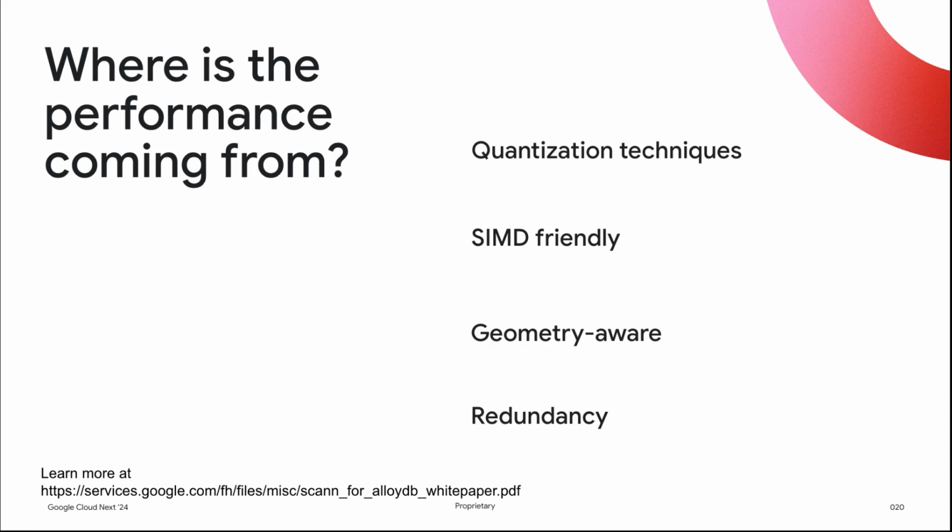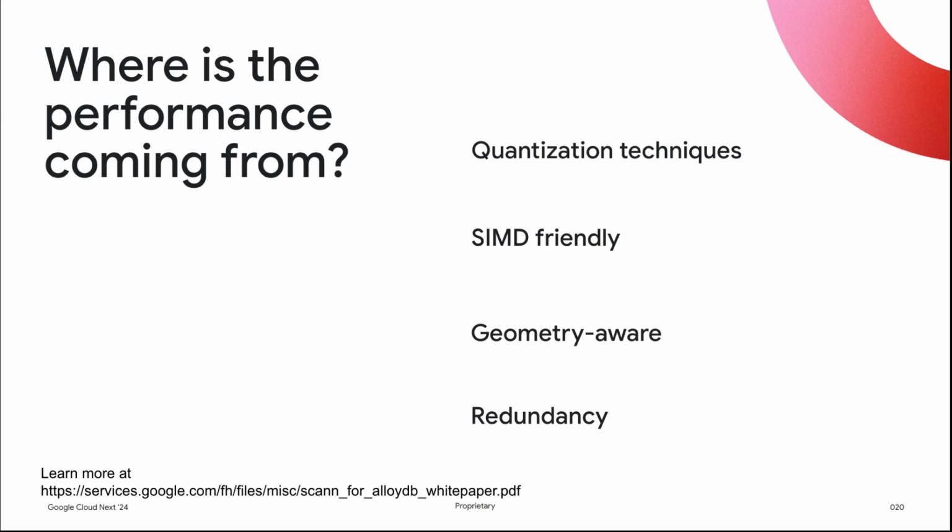Quantization techniques both compress the original vector data set, but they also make the computation of distances between vectors very SIMD friendly, and thus more comparisons of the query vector to the database vectors can be executed per millisecond.